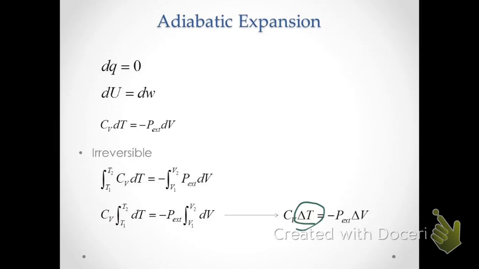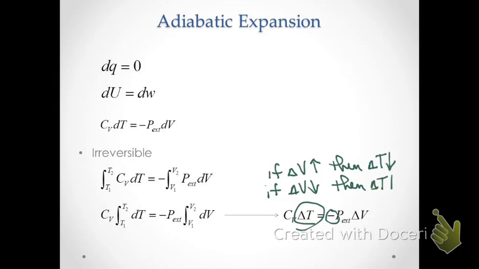So just to write that out here, if delta V goes up, that would be an expansion, then delta T must go down. And that, of course, is due to the negative sign. We will see an opposite effect during a compression process where the volume decreases: our gas gets hotter. And that should make some sense to you under these circumstances.